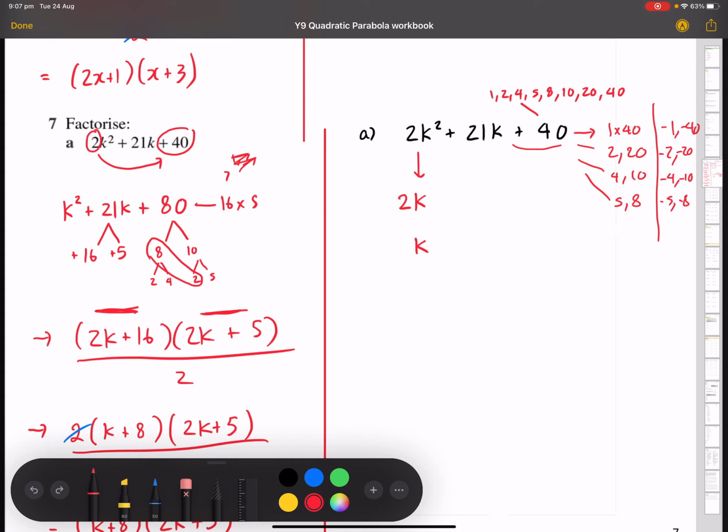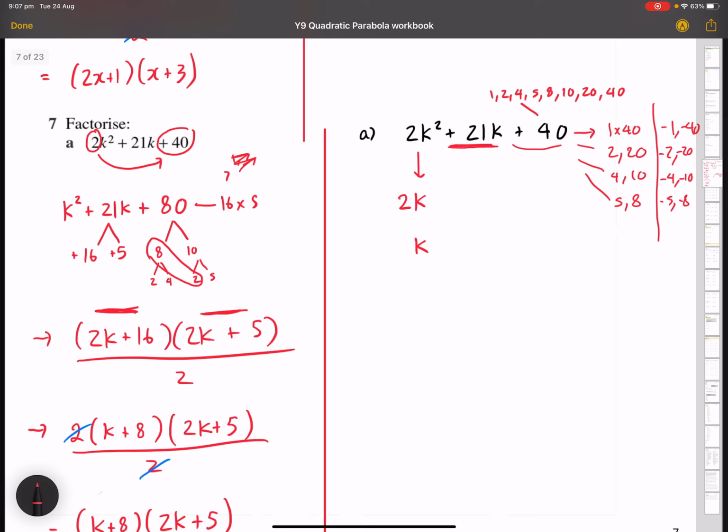First of all, we know that the middle number is positive 21, so I don't think all these negative numbers will help. We're probably going to be looking at these numbers now. So what 2 numbers would add to 21 but multiply to give me 40?